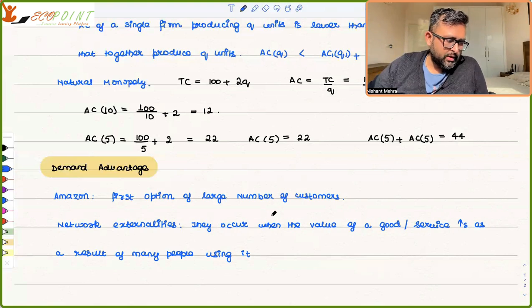Then the competing goods or service, and this is very evident in the social networks, right?